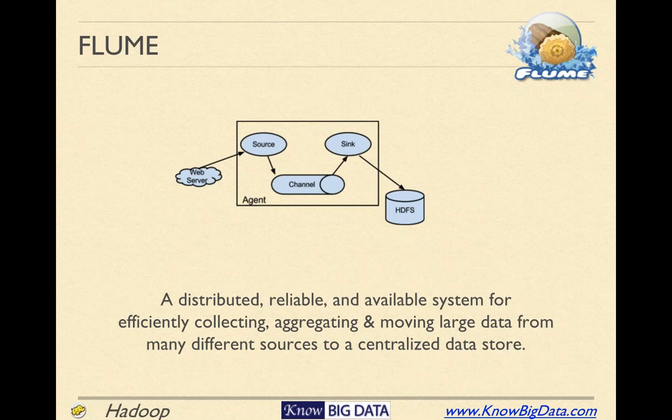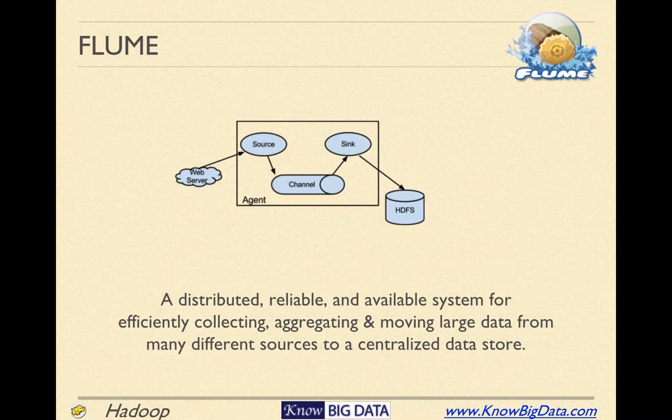While Sqoop is kind of batch-wise, Flume is a continuous system. I'll give a demo. So what exactly is Flume? It's a distributed, reliable, and available system to efficiently collect, aggregate, and move large data from many different sources to a centralized store.